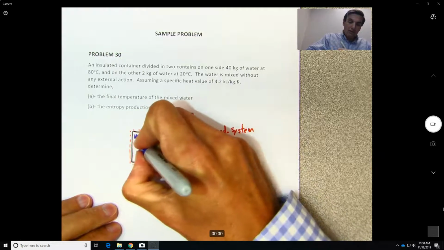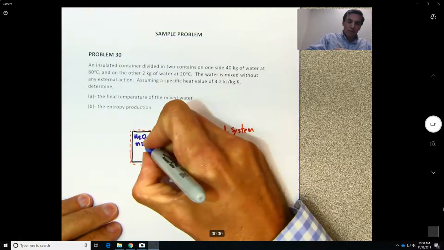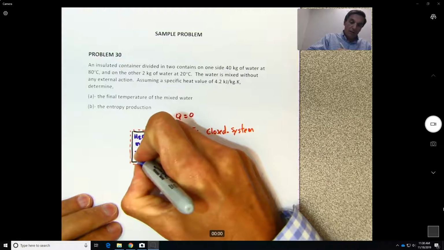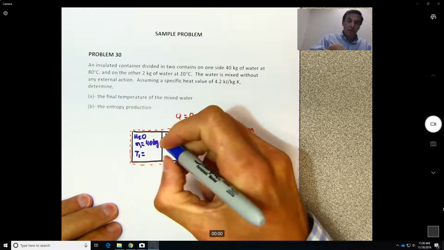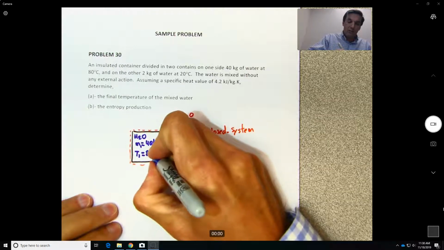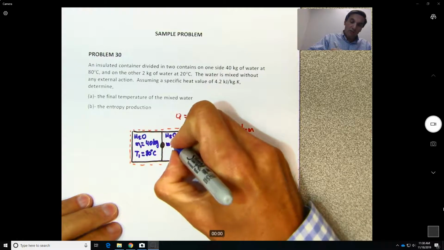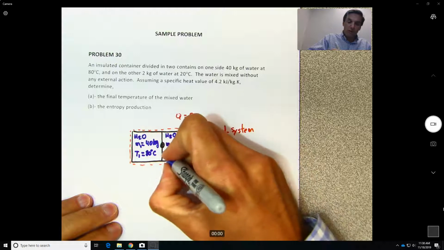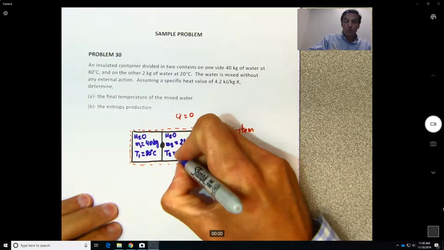So on one side there is 40 kilograms of water, and let's say this is M1 at 80 degrees Celsius, and on the other side you have 2 kilograms of water at a temperature of 20 degrees Celsius.